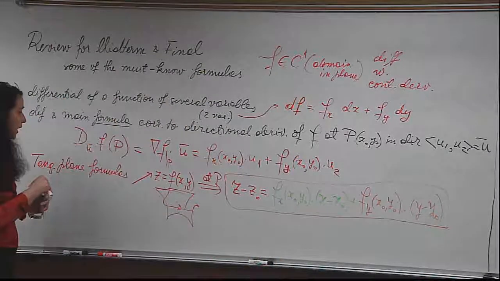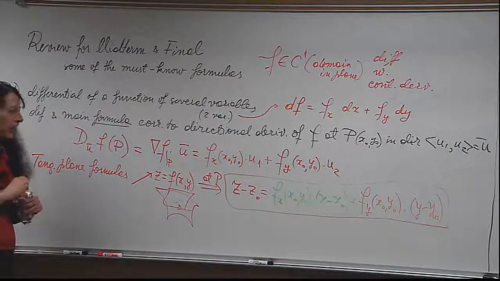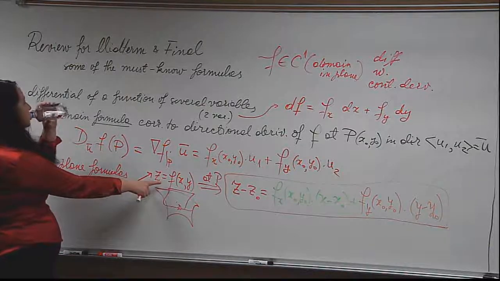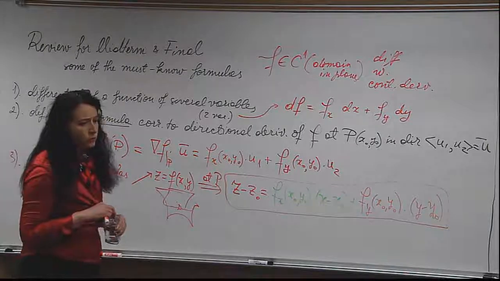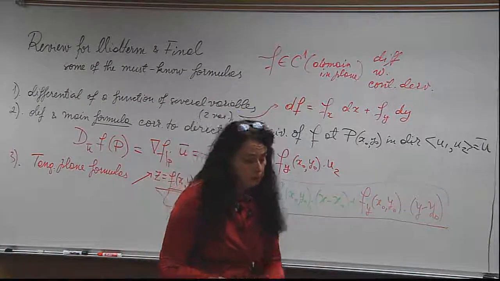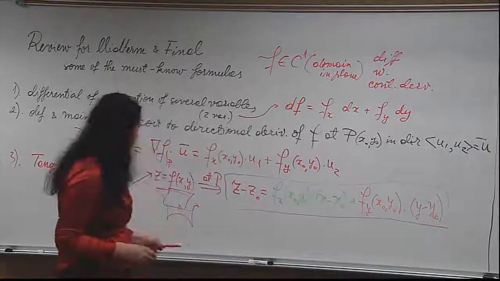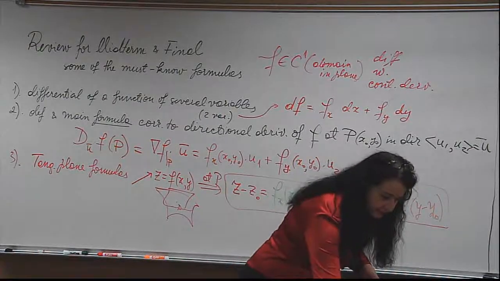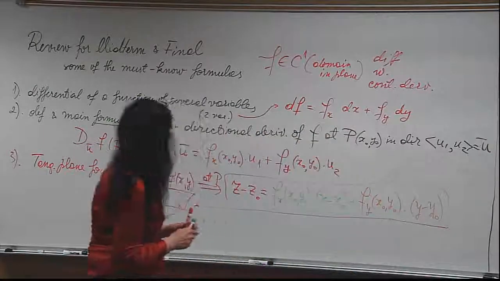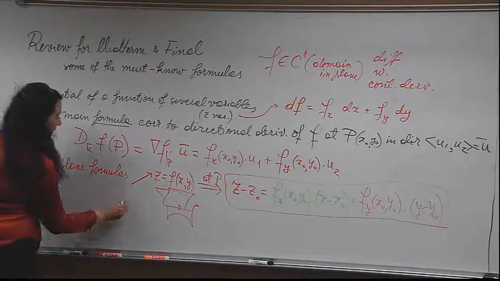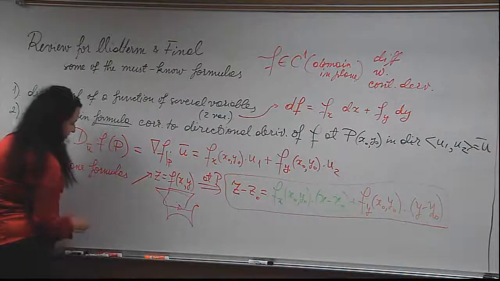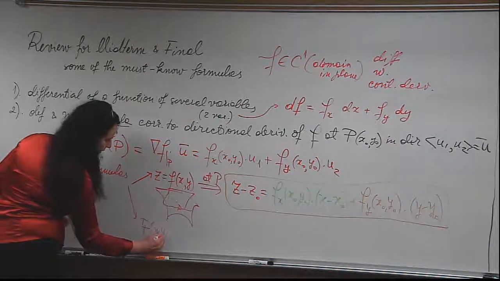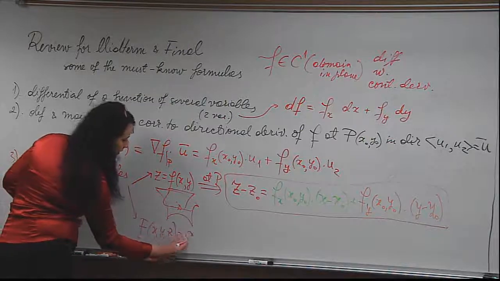What happens when you don't have the graph of a surface? Maybe you have an implicit equation, where we write F of coordinates x, y, z equals a constant.